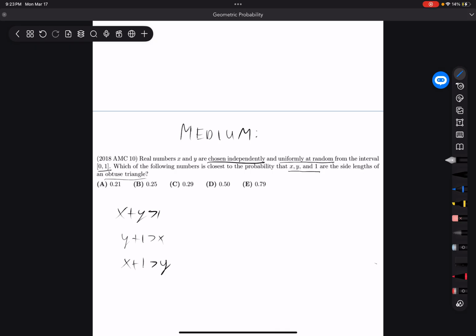So we know these, but now it also has to be the side lengths of not just any triangle, but an obtuse triangle. Now, how do you know that it's an obtuse triangle? What makes a triangle an obtuse triangle? We aren't given any angles, so we can't conclude an obtuse triangle based on angles. But what we can do is look at the side lengths.